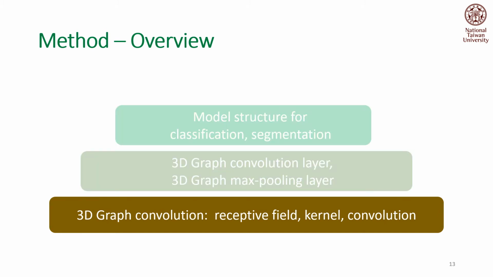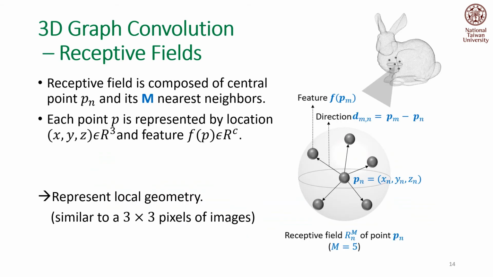Now, let's start from the basic components in 3D graph convolution. In 2D cases, local patches composed of 3 by 3 pixels, for example, are used to represent patterns in local regions. Similarly, in 3D graph convolution, we define receptive fields to represent local geometry. The receptive field is composed of a central point, Pn, and its nearest neighbors in three-dimensional space.